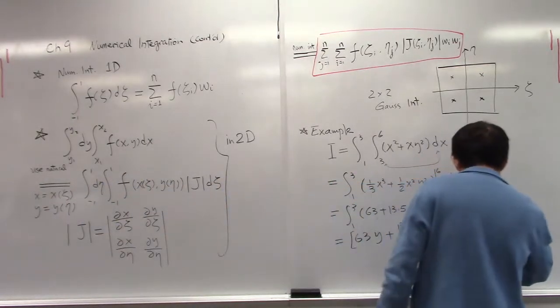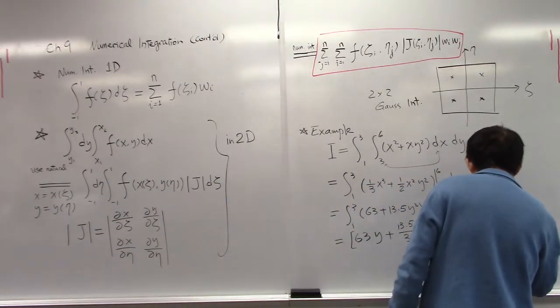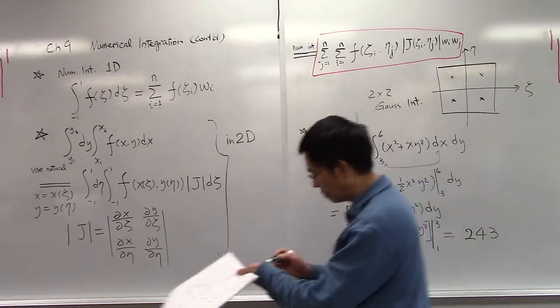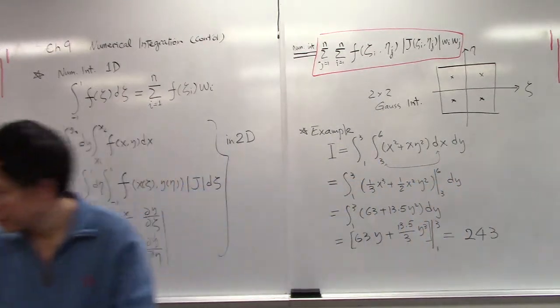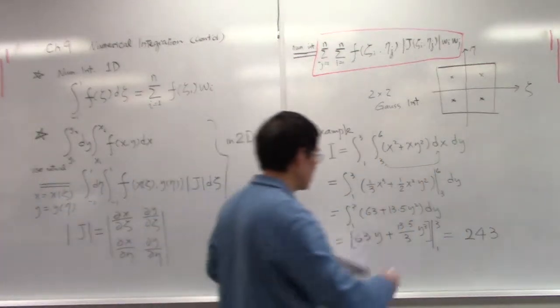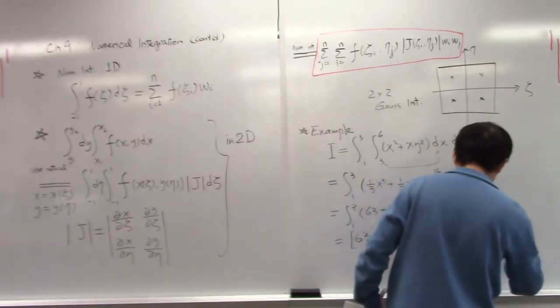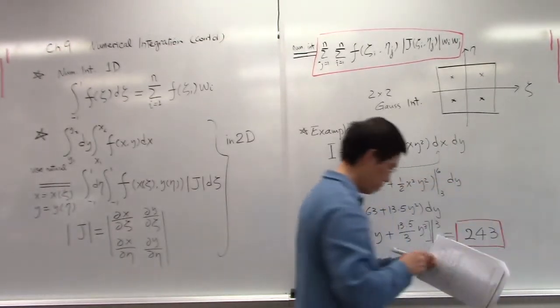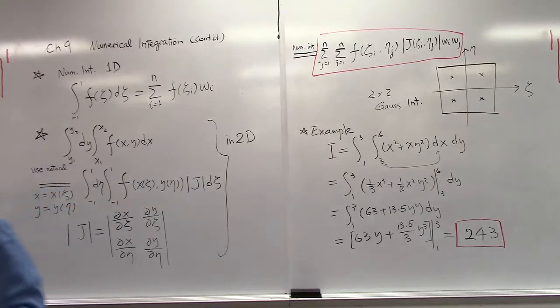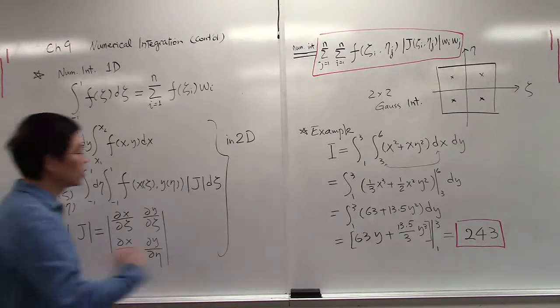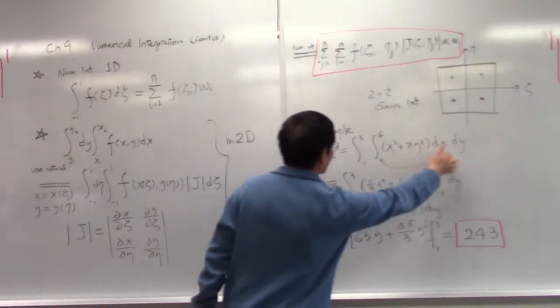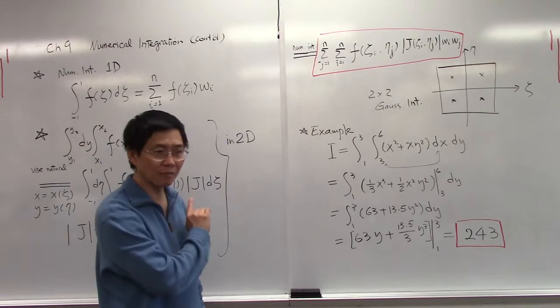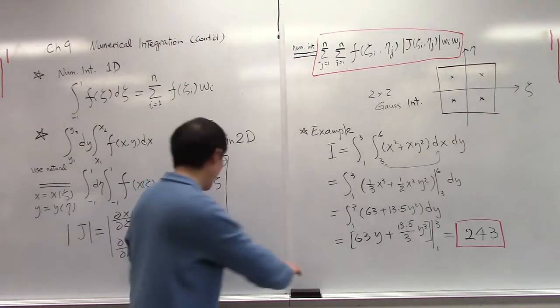At the end it is 243. Let me box that. So this is the integration when we do it in closed form. What we are going to do next is to evaluate it again, but using the numerical formula.